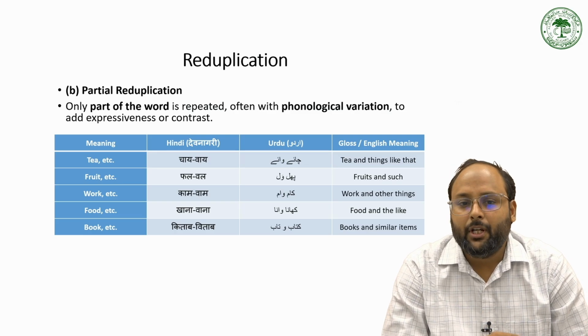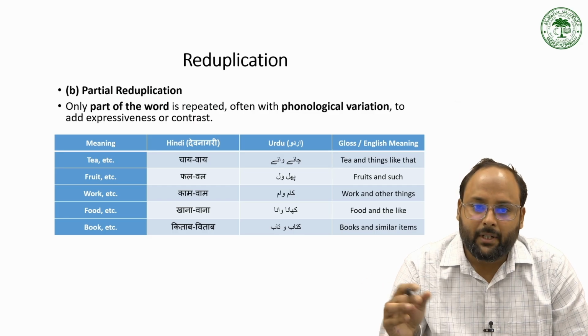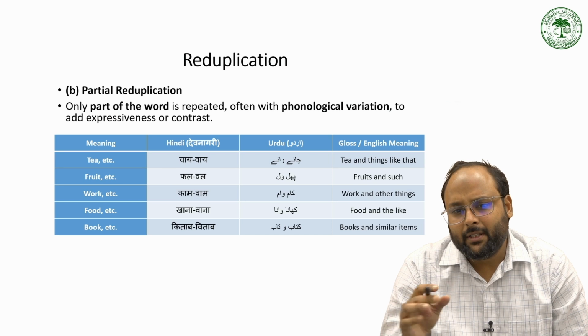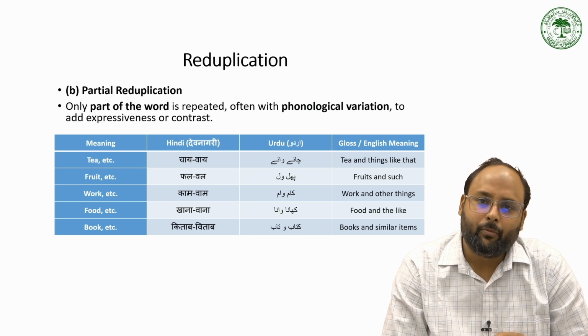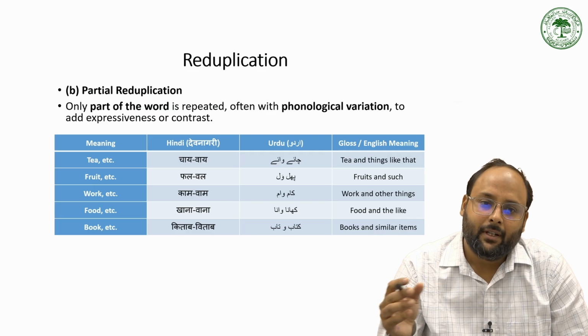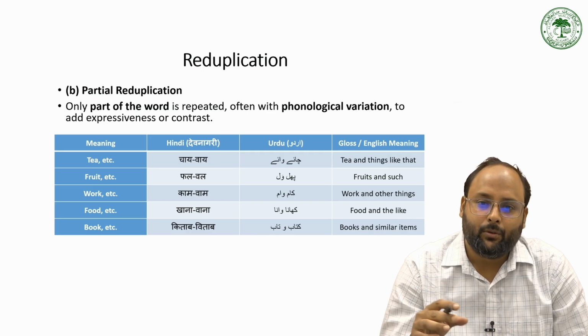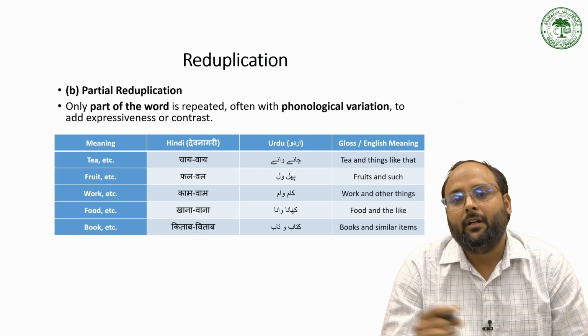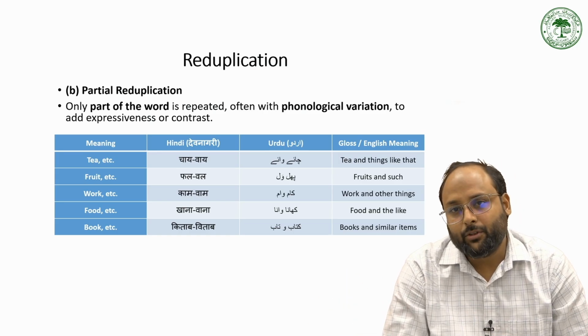We do not repeat the full word, but repeat a part of the word. So it also comes under echo formation in Urdu Hindi, because echo means the last word is echoed. So echo formation is another word formation process in Urdu Hindi.